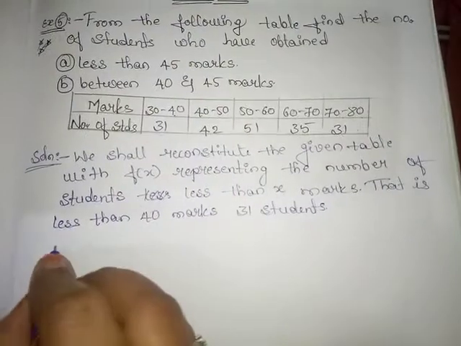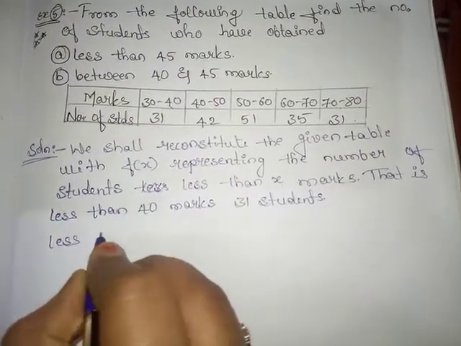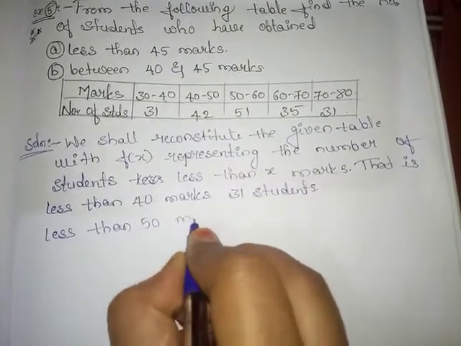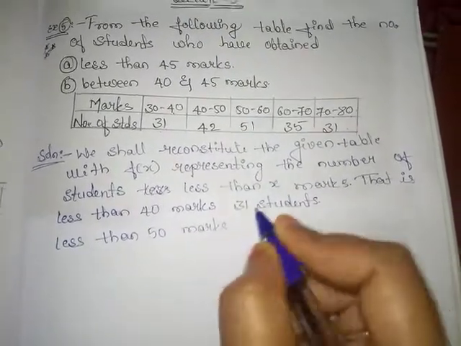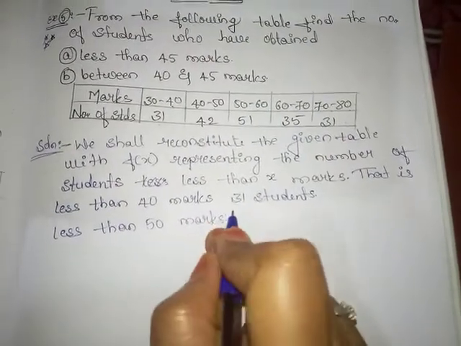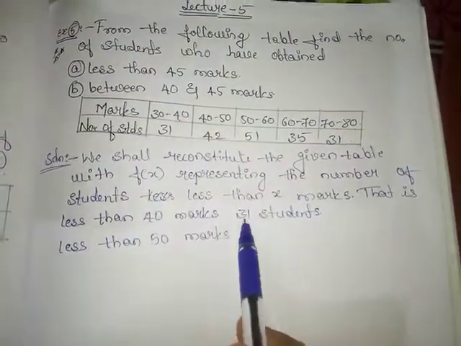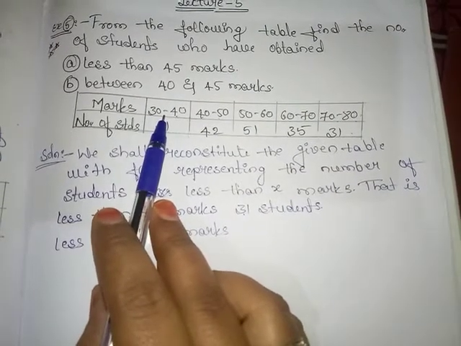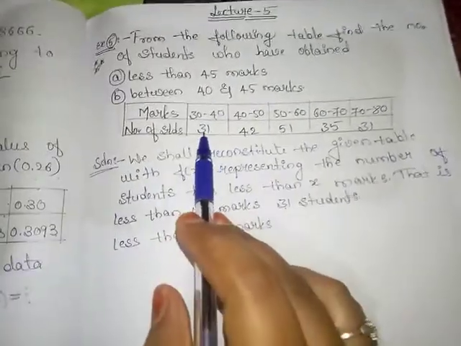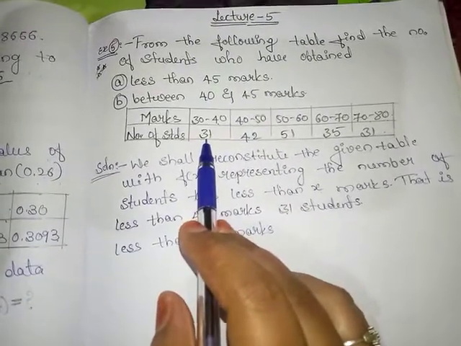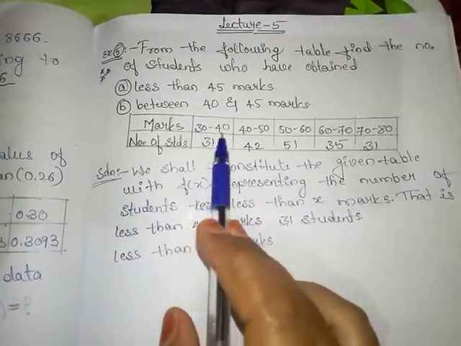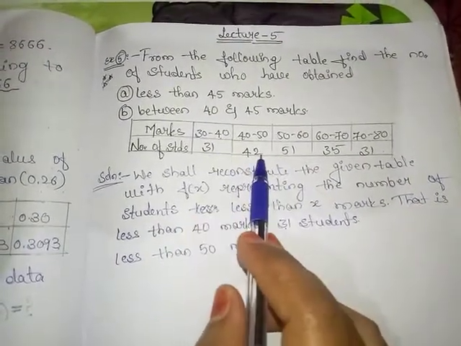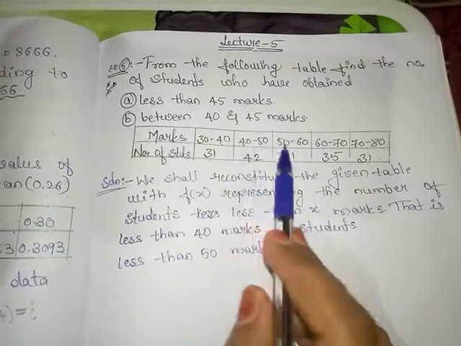Next, less than 50 marks. For this one, see here, if 31 students are having less than 40 marks, means these 31 students are also having less than 50 marks, right? 31 students are having less than 40 marks and 42 students having less than 50 marks.